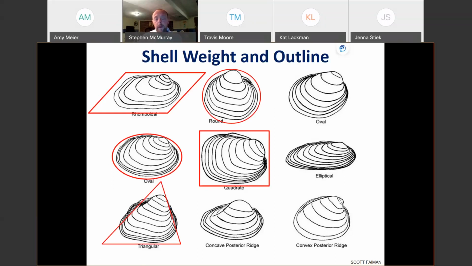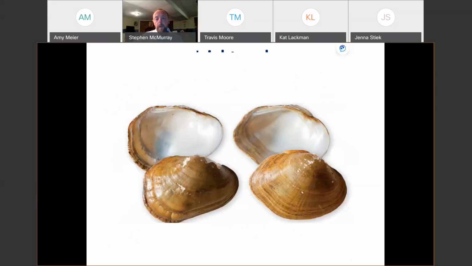And a lot of older literature and some more recent stuff too will come up with things like subquadrate. So what's the difference between oval and subquadrate? Not much, really. And so it becomes a bit tricky to use these things, but we try to do our best. So shell shape.